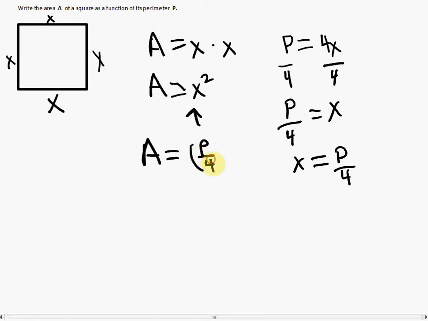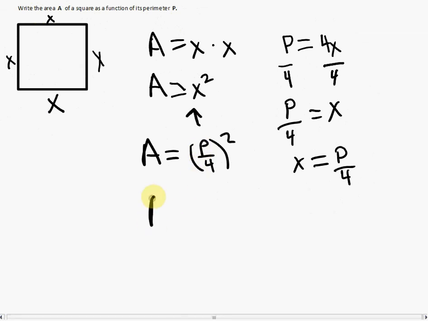P over 4 squared. So again, we took our perimeter equation, solved for x. Now that we know what x is, we plug it into the area equation. And so what you'll see here is we have area in terms of P, perimeter.